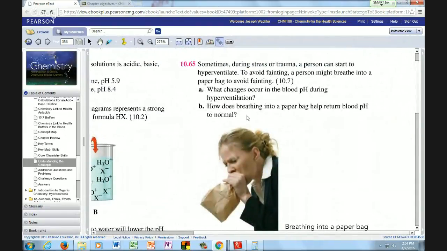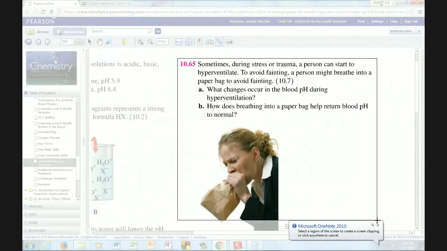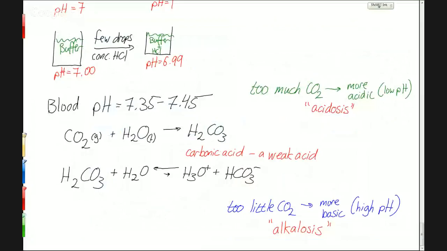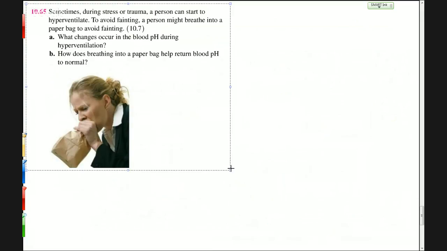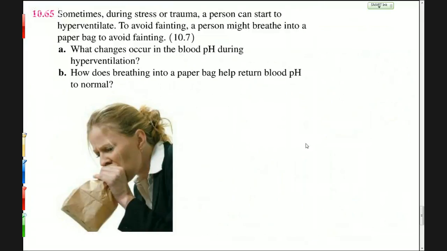So this is a good, interesting picture of that, but it says sometimes during stress or trauma, a person can start to hyperventilate. You know what that is?